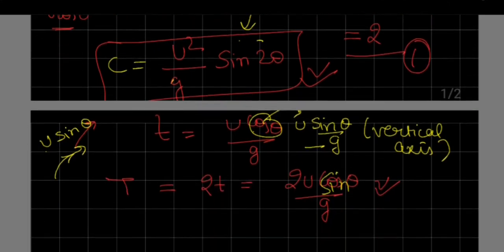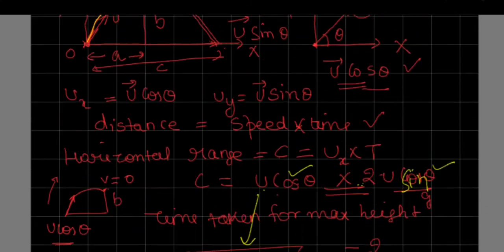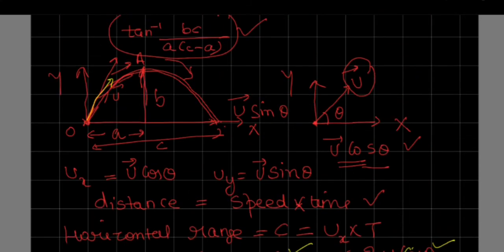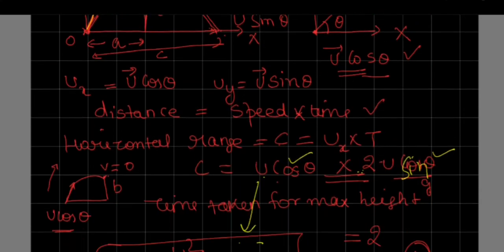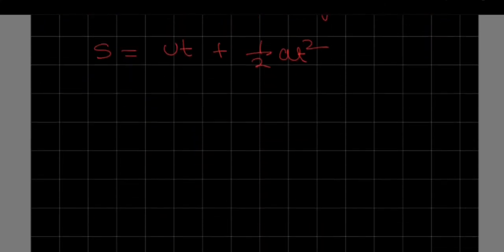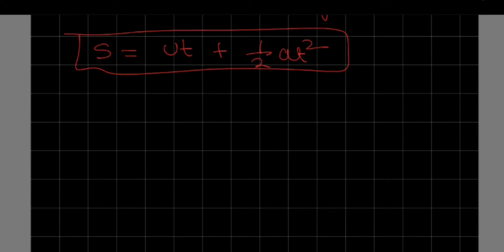Let's say this is the first equation. Now the second equation of motion: s equals ut plus half at square, right? If you want to know this vertical distance, b, substitute all these values.